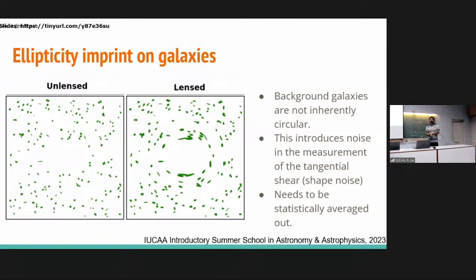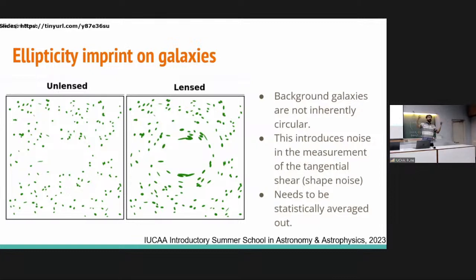Okay? So even if these galaxies are intrinsically randomly oriented, what you do is you go here and you draw a circle. Say you draw one circle here, another circle. You take all the galaxies which are at a certain radius r, and you average out their ellipticities. When you take the average of these ellipticities, the ellipticity that you observe is composed of two things. One is the intrinsic ellipticity of the galaxy, and the other one is the shear which is imprinted on it because of gravitational lensing.